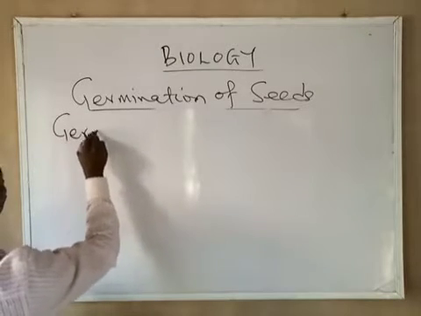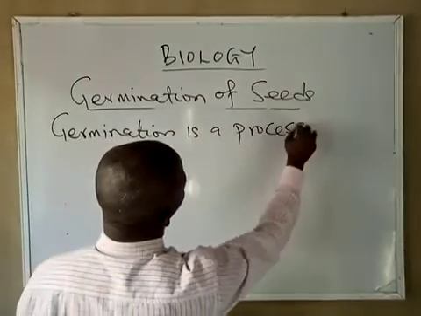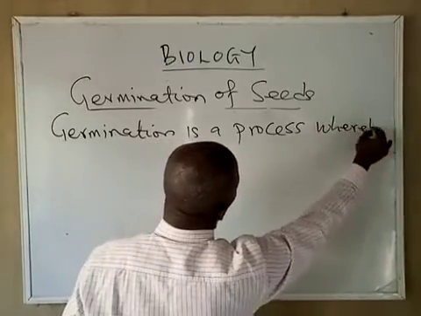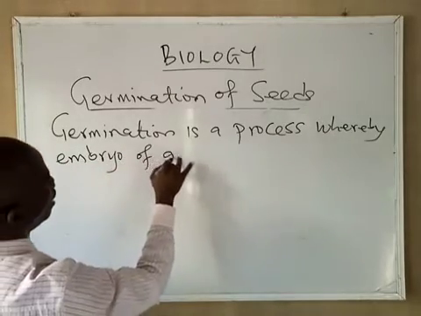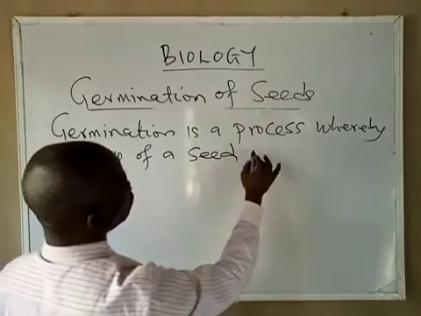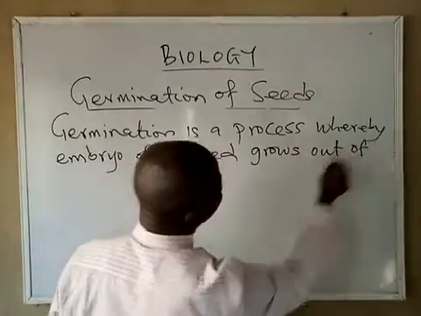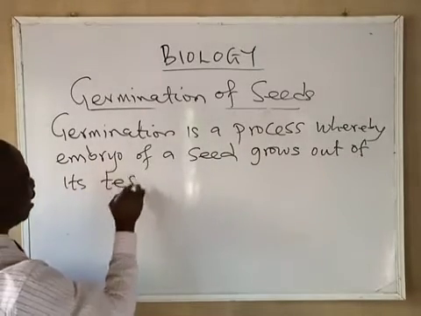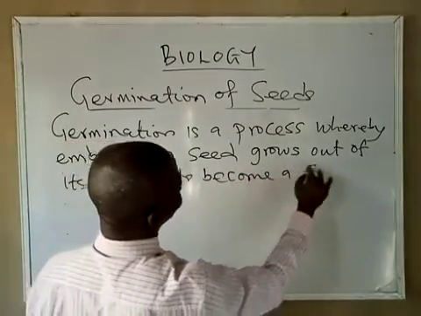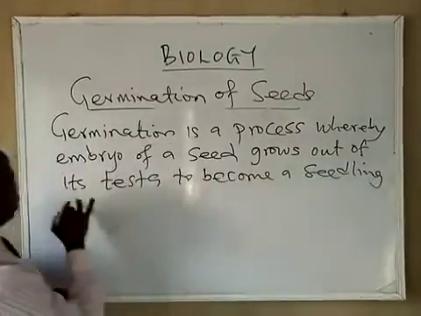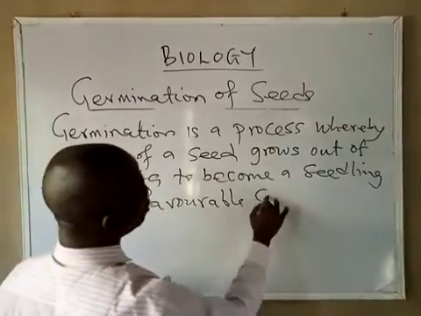Germination is a process whereby the embryo of a seed grows out of its testa to become a seedling during favorable conditions.